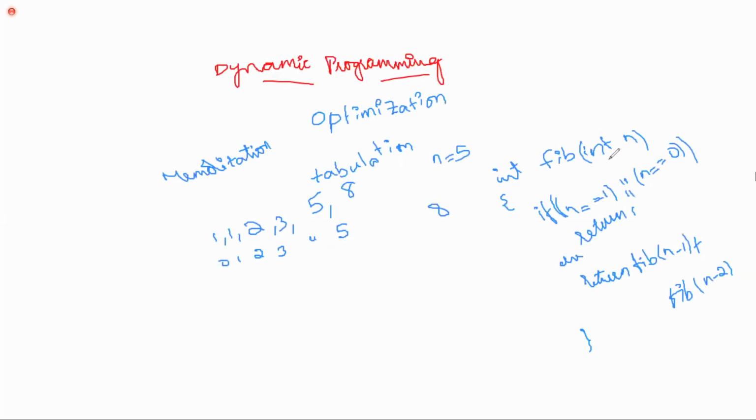How can we solve this Fibonacci sequence using a tree? All of you observe here. First, the fifth number we are going to retrieve. So fib of 5. Fib of 5 means I'm passing the fifth term I want to retrieve. 5 equals 1 or 5 equals 0. Is any of the conditions true or false?